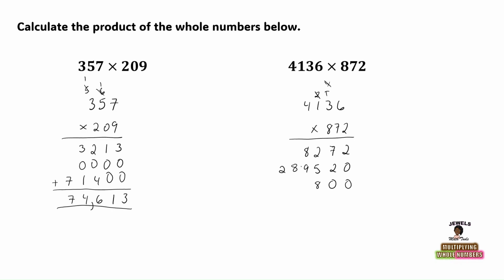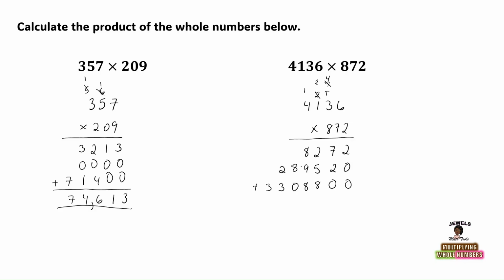We put our 8, carry the 4. 8 times 3 is 24, plus 4 is equal to 28. We put our 8, carry the 2. 8 times 1 is equal to 8, plus 2 is equal to 10. We'll write the 0, carry the 1. 8 times 4 is equal to 32, plus 1 is equal to 33.